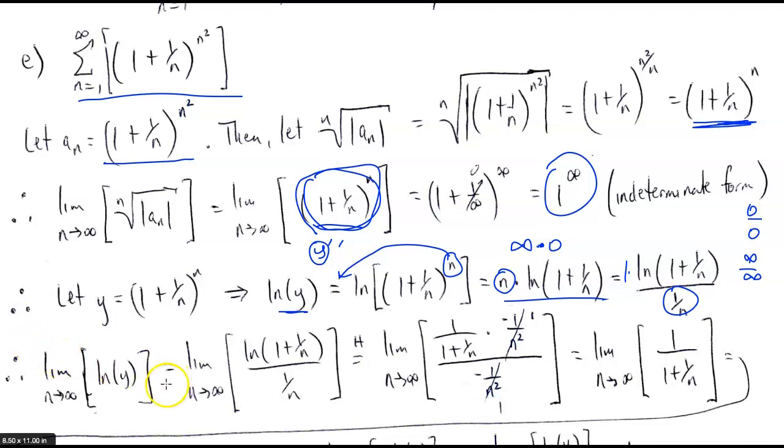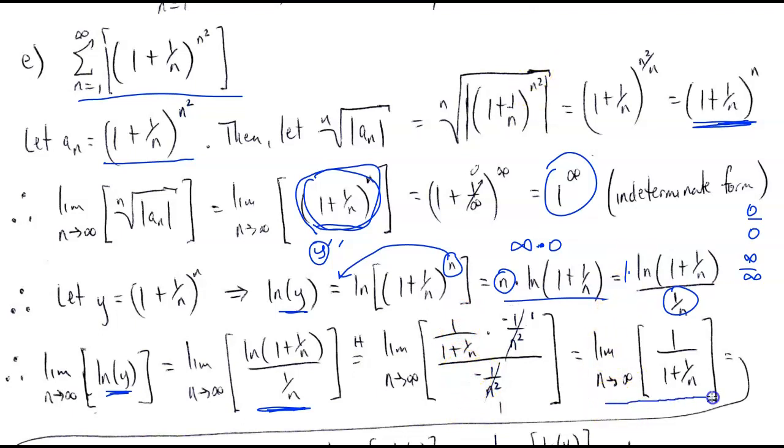Okay. So from there, we say, what is the limit of natural log of y? It's the same as evaluating the limit of natural log of 1 plus 1 over n divided by 1 over n. We automatically know that we have to use L'Hopital's rule. So we take the derivative of numerator and denominator separately.